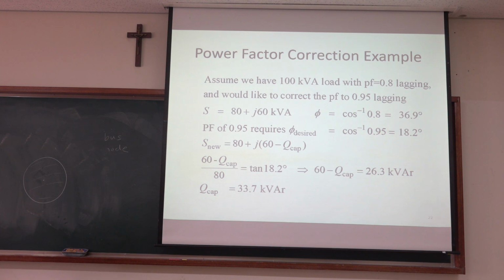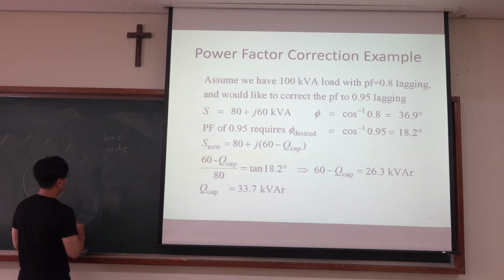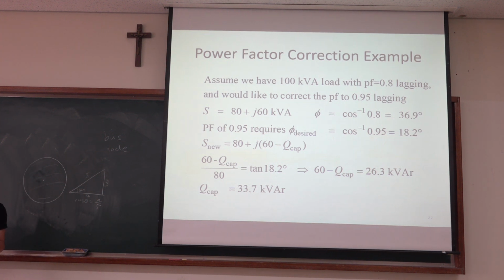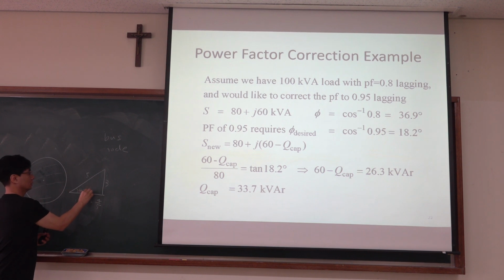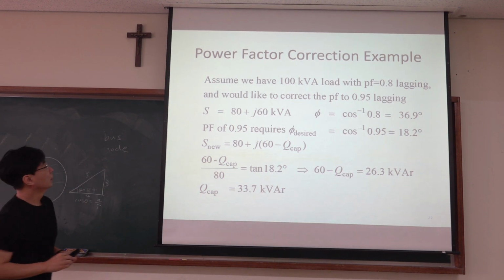Power factor correction example. Assume we have a 100 kVA load with power factor 0.8 lagging. 0.8 lagging is what? This is zeta. Cosine zeta is 4/5, so this is 5/3. Then this angle is what? 36.9 degrees.